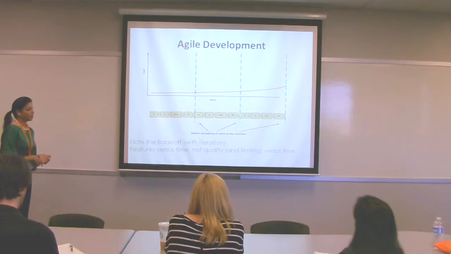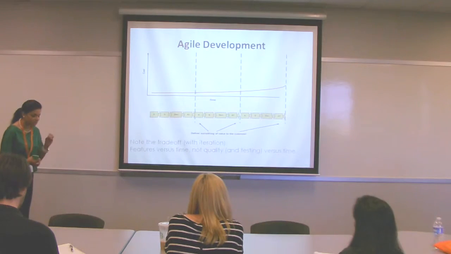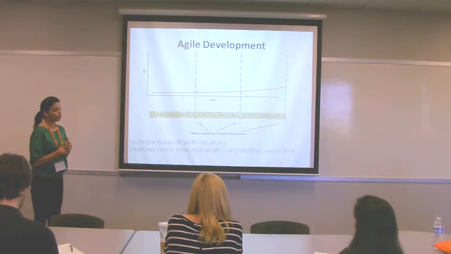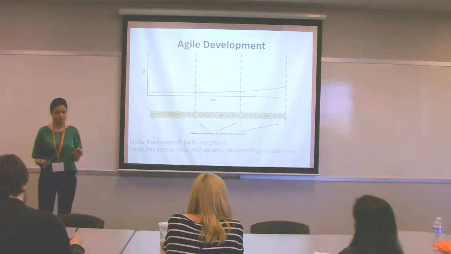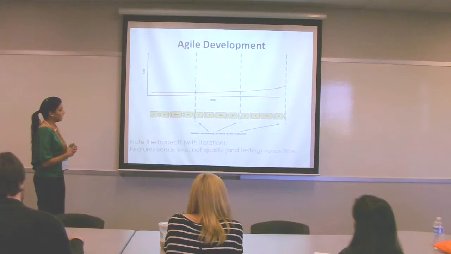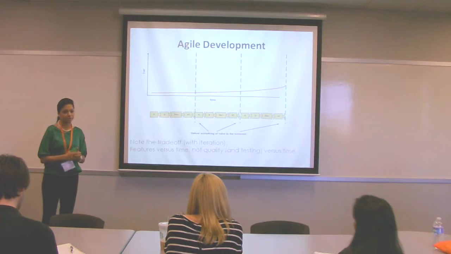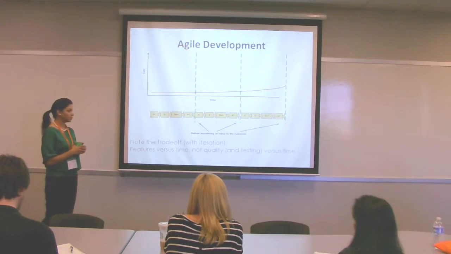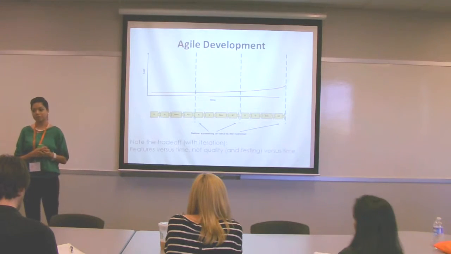Agile development. We all know the difference. I'm not going to go too much into detail because this is not testing specific. Just quickly, Agile development: short iterations, 1 to 4 week iterations, and we deliver something valuable to the customer at the end of every iteration, or at the end of 2 iterations. Some companies do it.